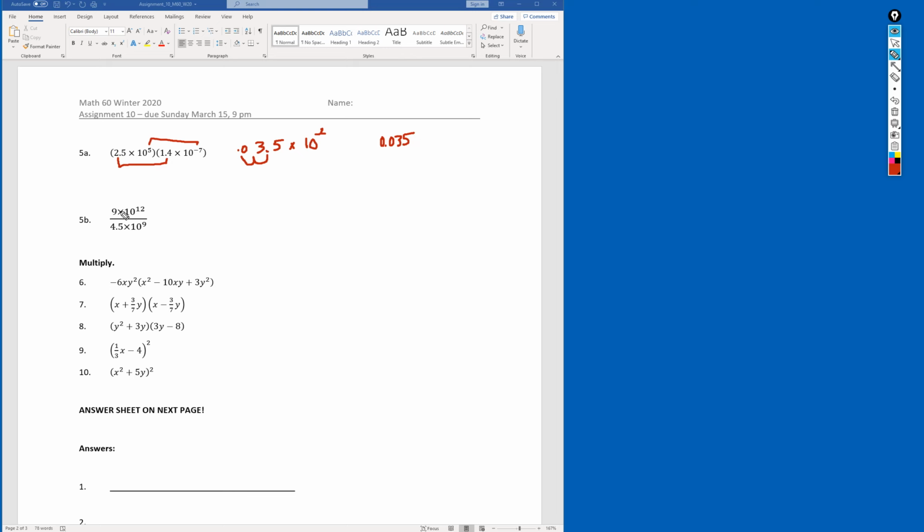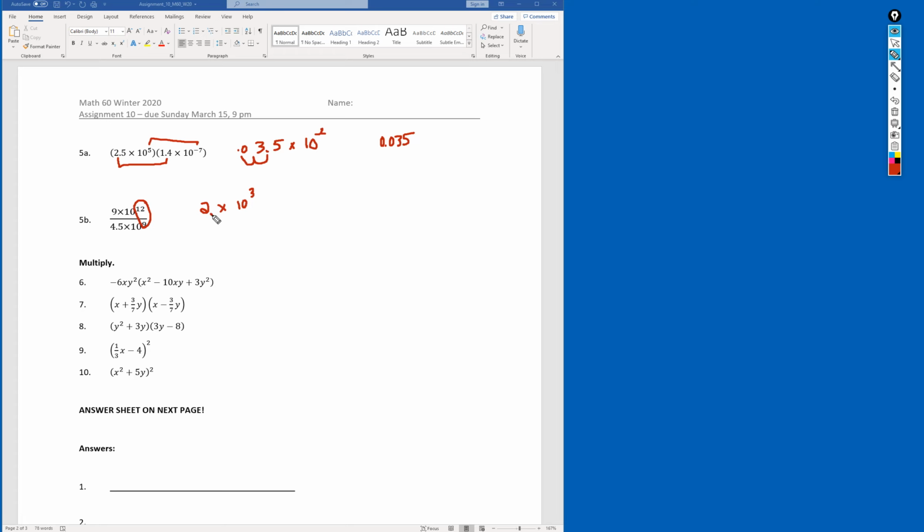All right, 5b, 9 divided by 4.5 is exactly 2. And then that's going to be times 10 to the, using the quotient rule, looking at the exponents, 10 to the 12 minus 9, or 10 to the 3. Again, change that to decimal form.